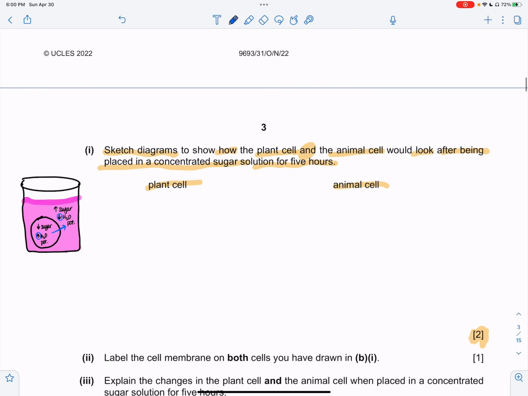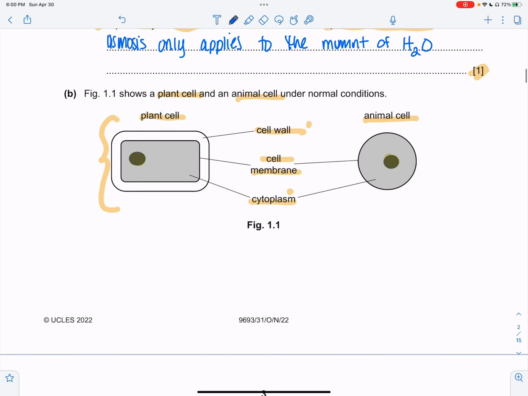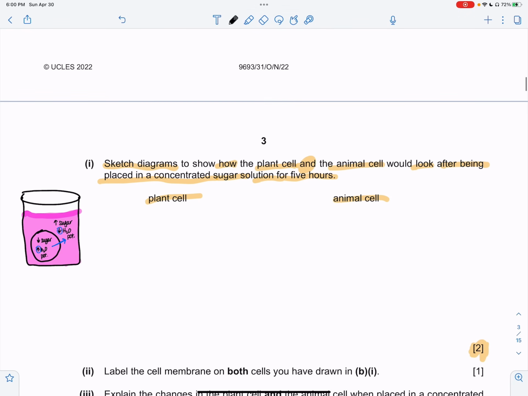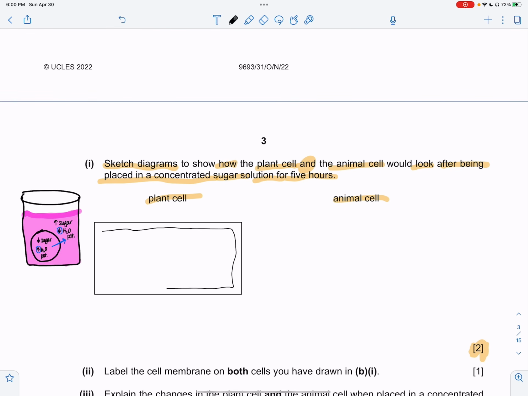So in order to do this, we want to look at what they were giving us and build from that. The plant cell has a cell wall. I would do this in pencil. And of course I can cheat. Okay, and here's the edge of the cell wall.